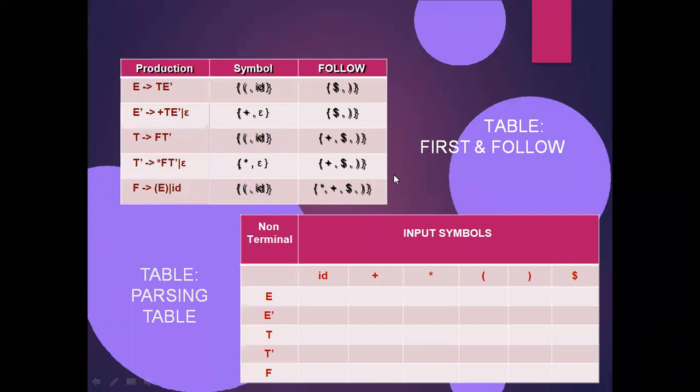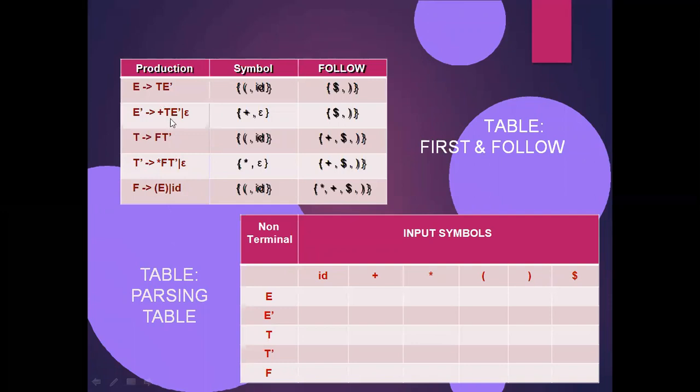For the remaining variables, we didn't consider the follow function output. For all variables, along with E dash and T dash, we consider the first. We denote the first for every variable, but for the follow, we only consider it for the epsilon productions. In the given grammar, we have epsilon productions for E dash and T dash. E dash is defining epsilon, T dash is defining epsilon. So these two variables come under nullables, and we only use the follow function output for these two variables.